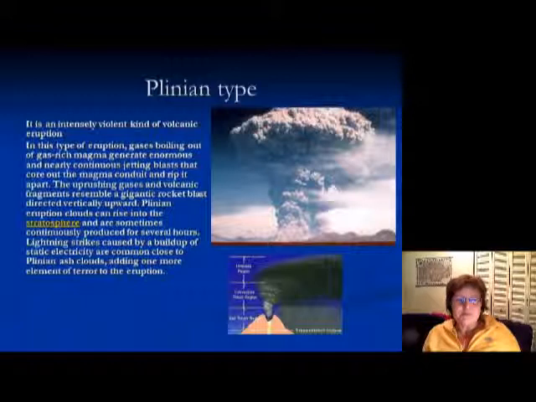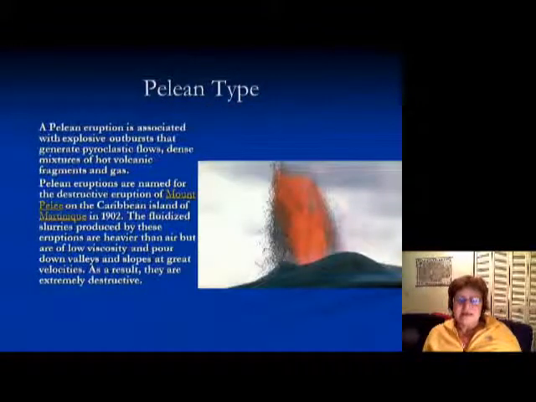The worst kind of eruption is the Plinian type. Sorry, the Pelean type. The Pelean is before the Plinian, so that's going to be the next one. The Pelean type is some explosive outburst that will generate pyroclastic flow, like you can see right here.